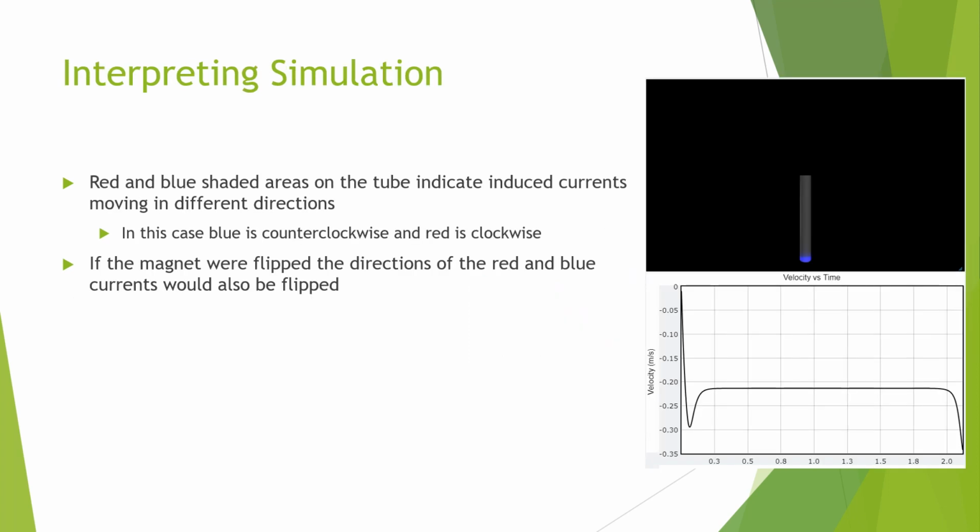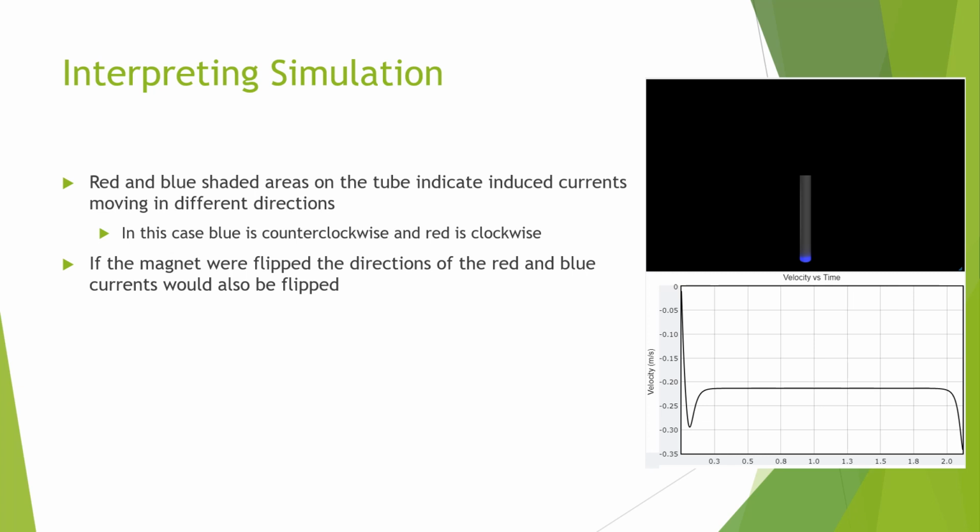Okay, and in the simulation, we had red and blue shaded areas moving down through the tube, representing the magnet and also indicating induced currents moving in different directions. In this case, the blue represents counterclockwise, and red was moving in the clockwise direction.